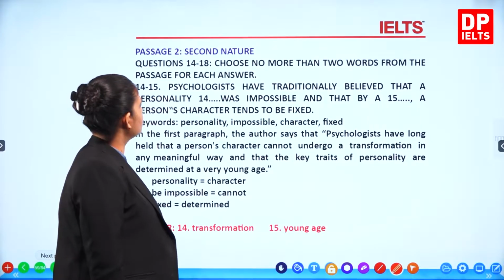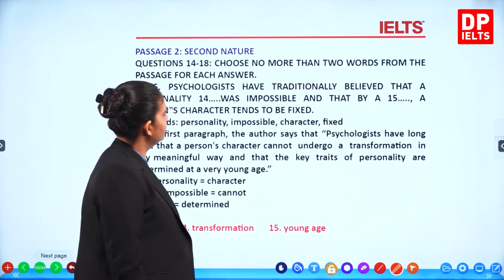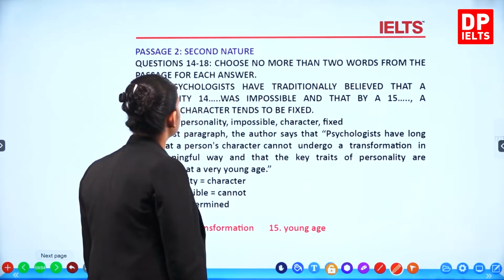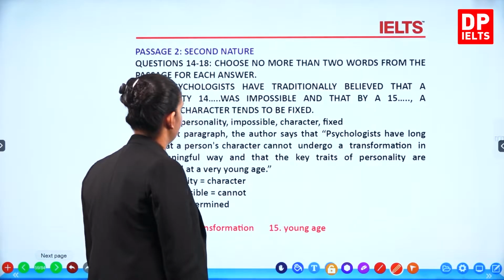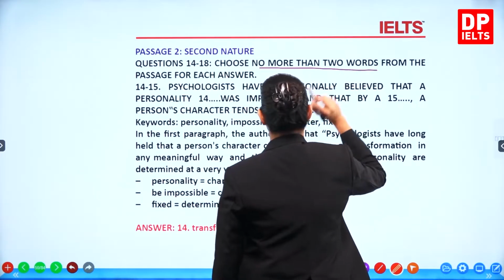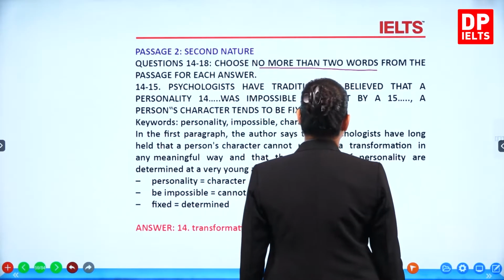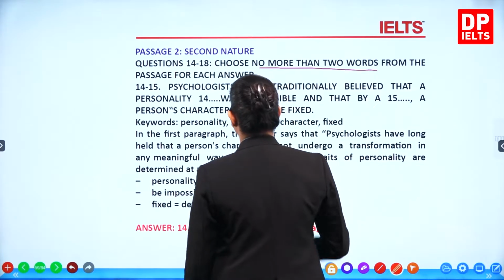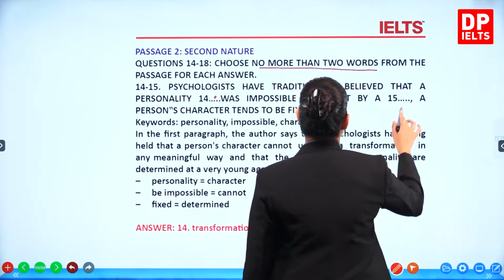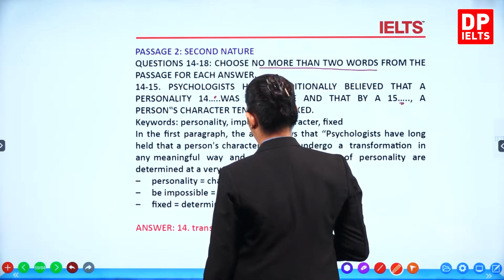Second passage, Second Nature. Questions number 14 to 18. Choose no more than 2 words from the passage for each answer. Right? No more than 2 words. Psychologists have traditionally believed that a personality blank was impossible and that by something, a person's character tends to be fixed, right?